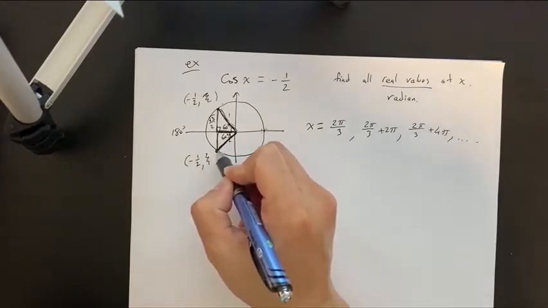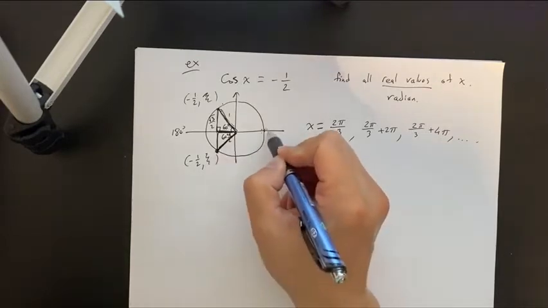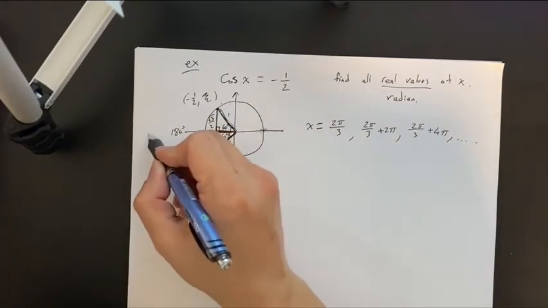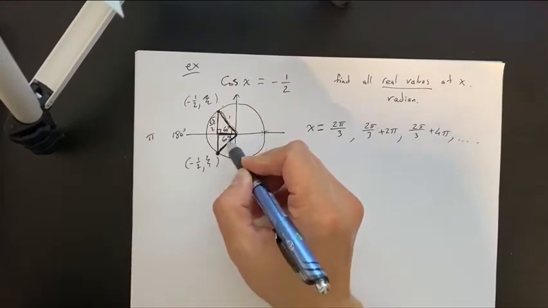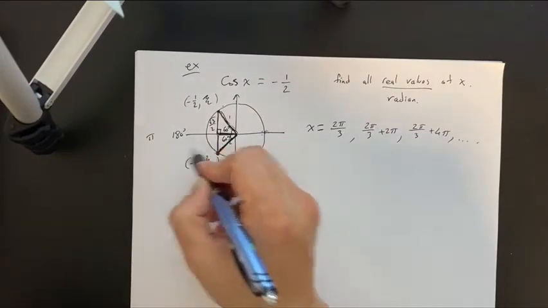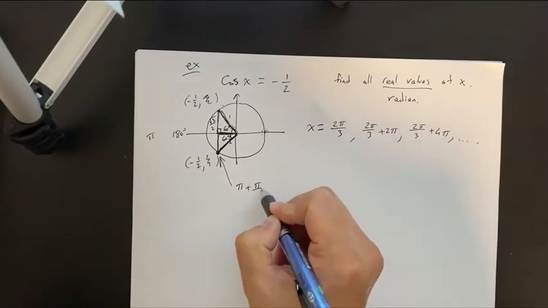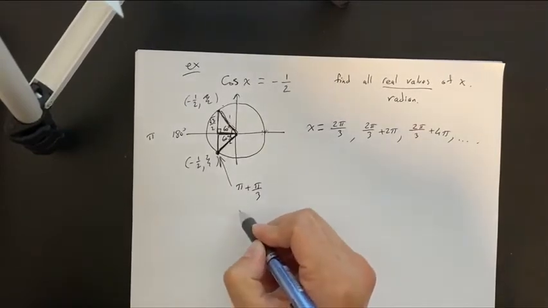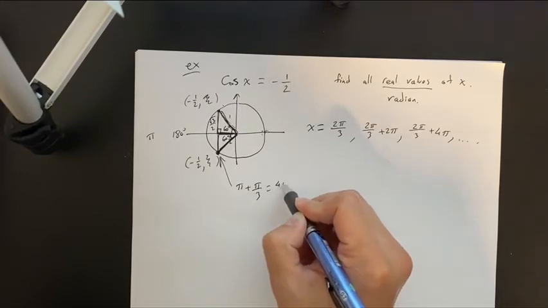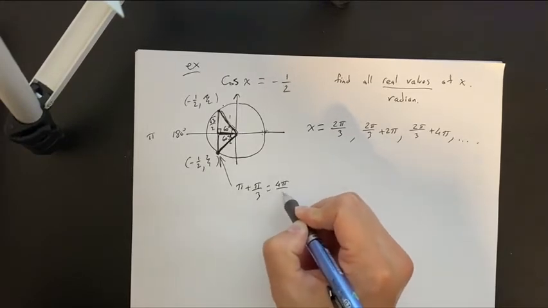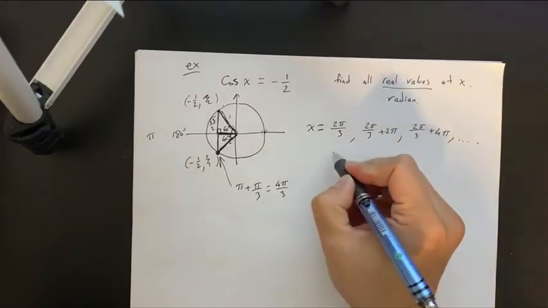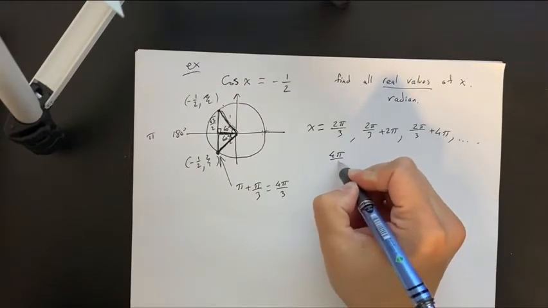We want to use radians. So in radians, that's pi, and 60 degrees is pi over 3 more. So this position is pi plus pi over 3, which is 4 pi over 3. So my very first value is 4 pi over 3.